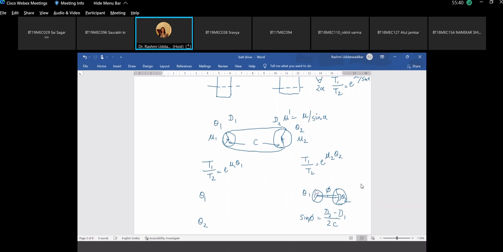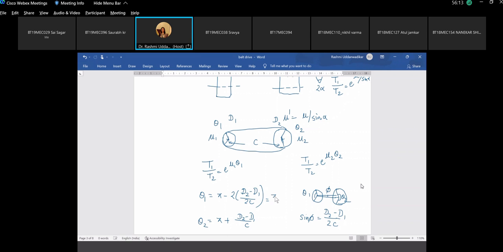This diameter minus this diameter upon 2, so it is the radius upon the center distance. So this theta 1 is normally 180 minus 2 times (d2 minus d1) by 2c, and theta 2 is pi plus (d2 minus d1) by 2c.